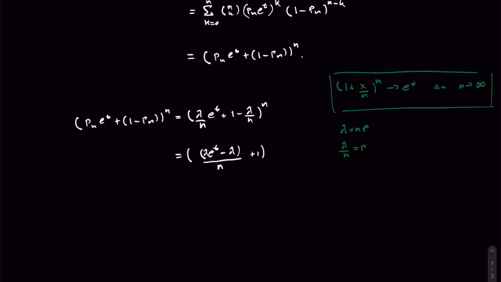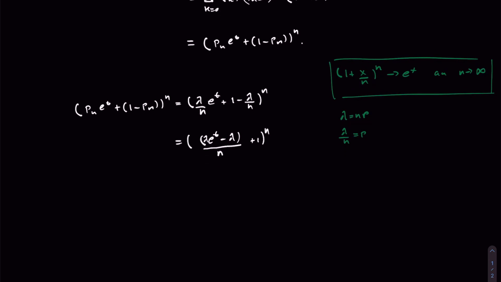We need the lambdas inside this parenthesis. So we let the lambdas be here, and lo and behold, we now have something that looks identical to this limit.